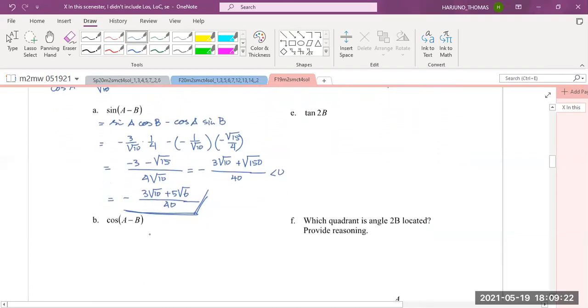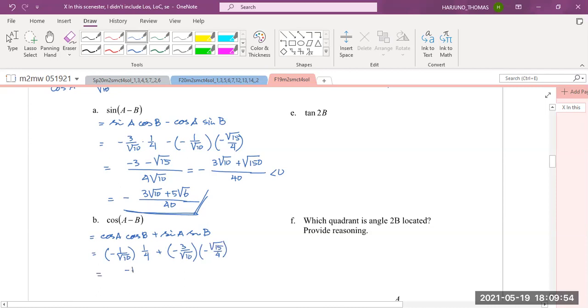How about cosine A plus B? That's cosine A cosine B plus sine A sine B. Cosine A is negative 1 over radical 10, cosine B is 1/4, plus sine A is negative 3 over square root of 10, sine B is negative square root of 15 over 4.